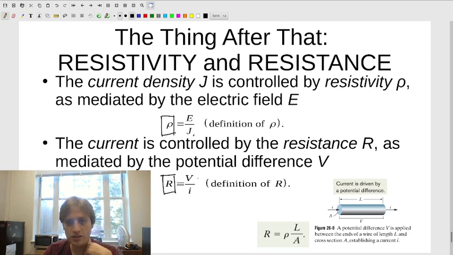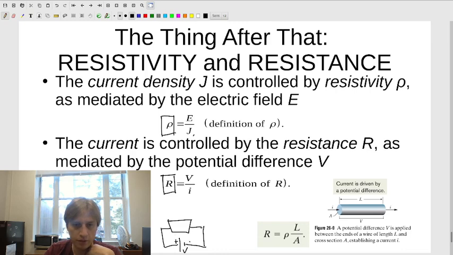The same idea is going to apply for a bulk object. If you think about just having a block of something and you apply a voltage, so just to put our picture as we had it, here would be a battery. There's a voltage. The current would want to flow from plus to minus.